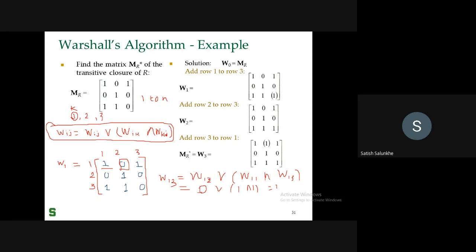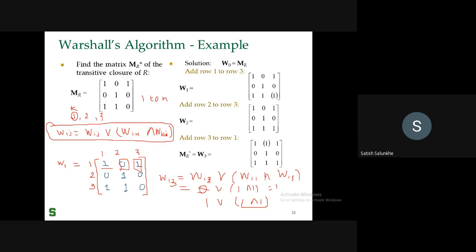So we are talking about now W13. W13 is this. Original is 1, or W11 is 1, and W13 is at present 1. 1 and 1 is 1, 1 or 1 is 1, so it will remain as it is.